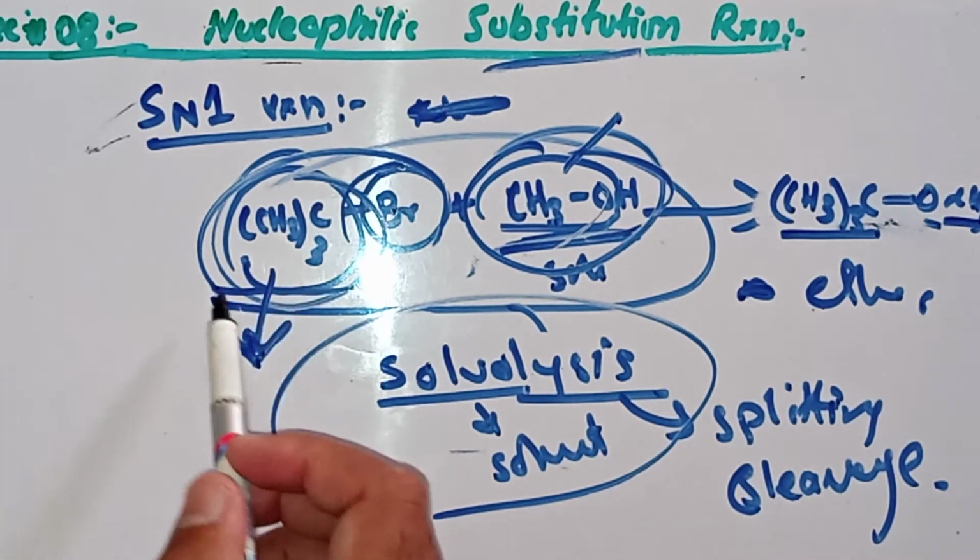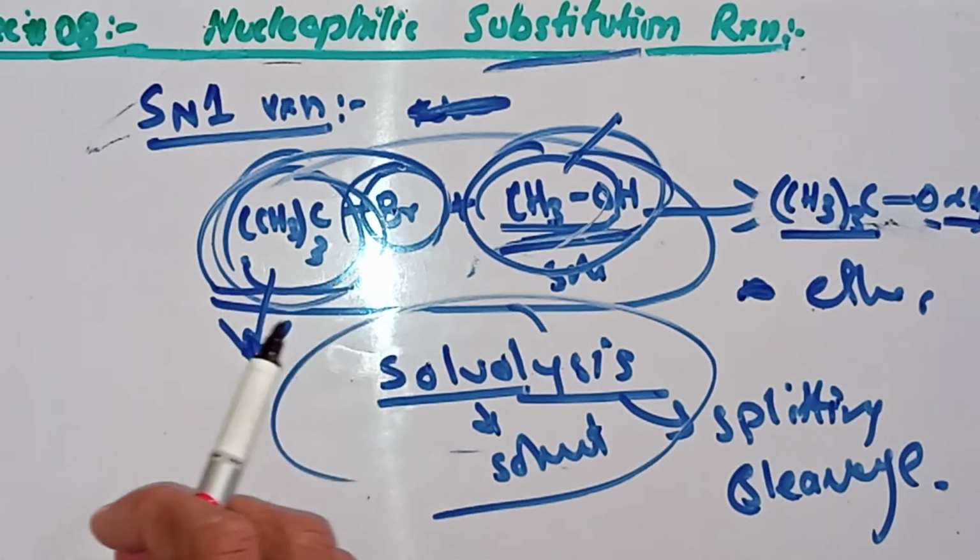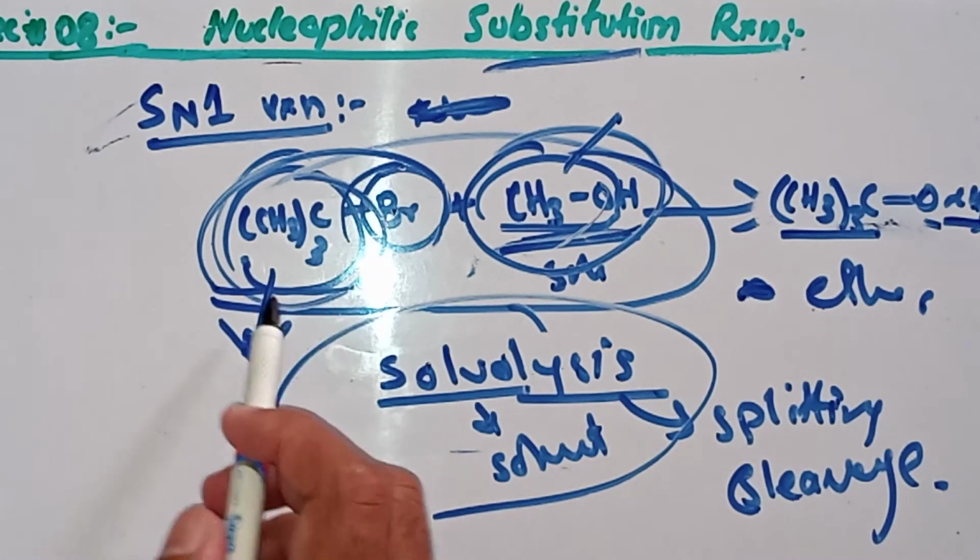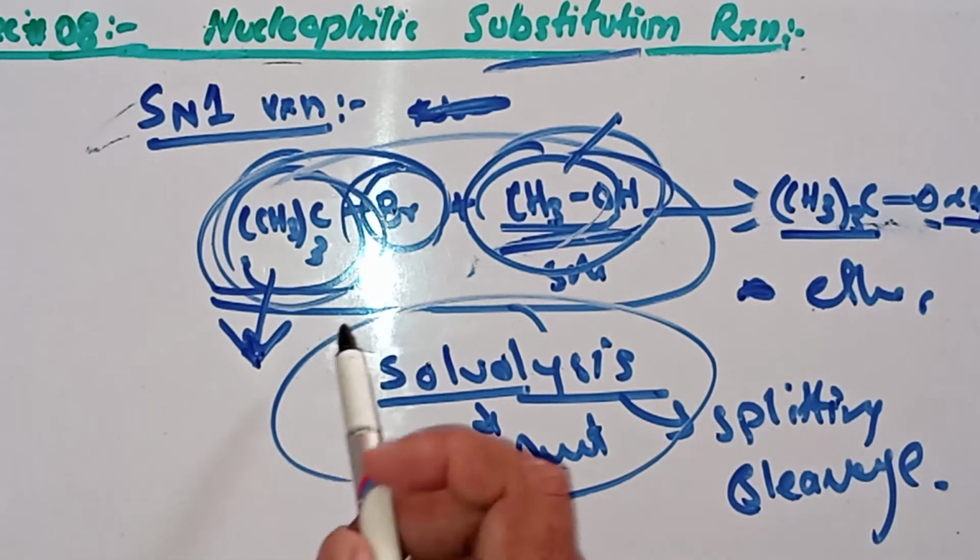But here, the more bulky the group, the more the rate of the reaction. So that's why it is not the Sn2 reaction.